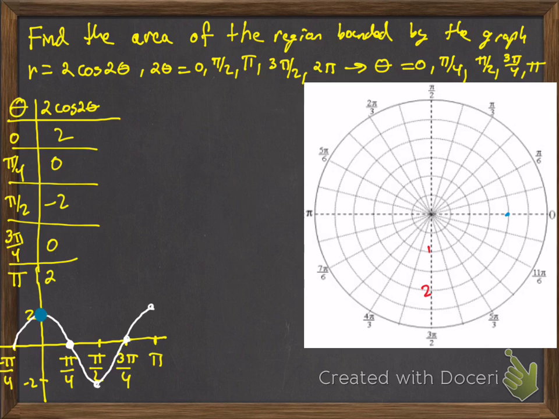So I'm going to choose the scale to be, this is a radius 1, there's radius 2. And so we'll plot the first point, 0 radians, we're out 2 units.